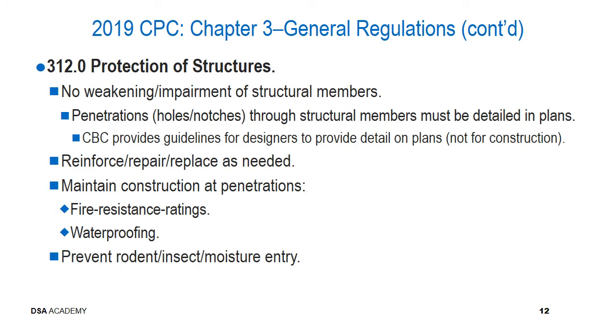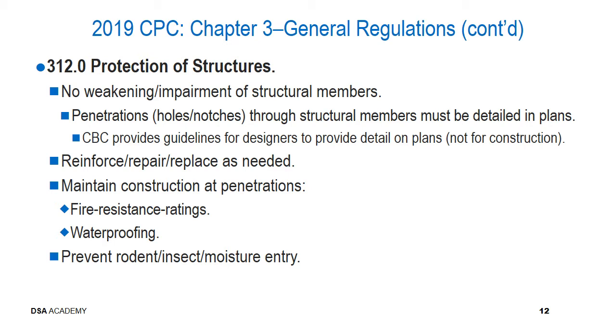Now we're going to move into the second important consideration for designers, builders, and inspectors with respect to installing piping systems, and that is the protection of the structure itself. No weakening or impairment of structural members is permitted with any piping system installation.